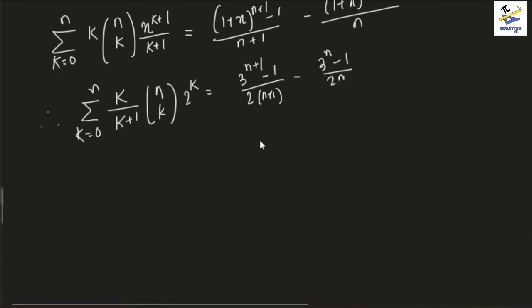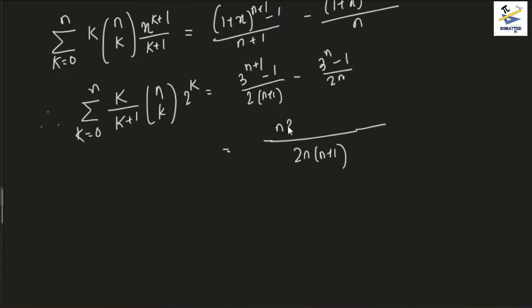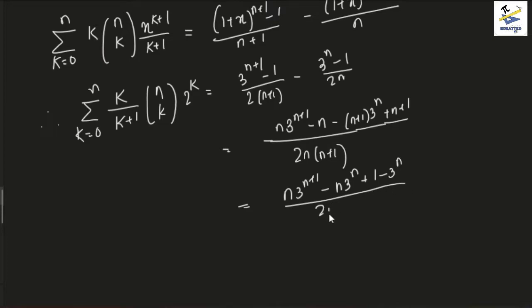And simplifying, we get n into 3 to the power n plus 1 minus n minus n plus 1 into 3 to the power n plus n plus 1. This gives us n into 3 to the power n plus 1 minus n into 3 to the power n minus n plus n cut off, and we have plus 1 minus 3 to the power n by 2n into n plus 1.